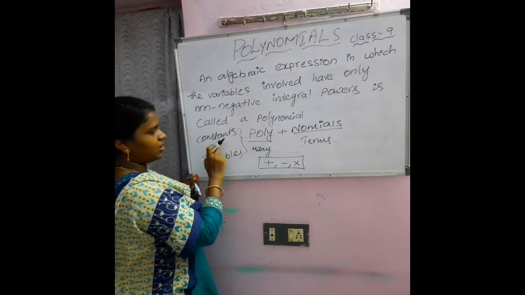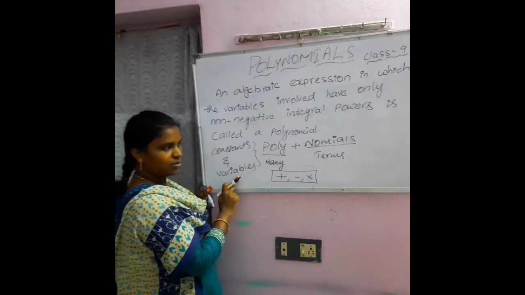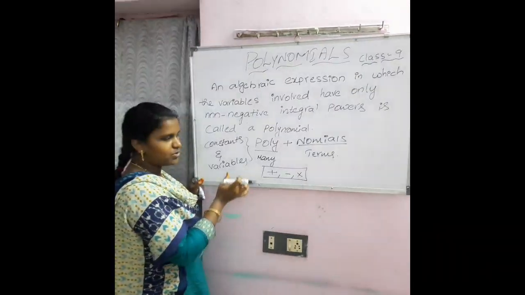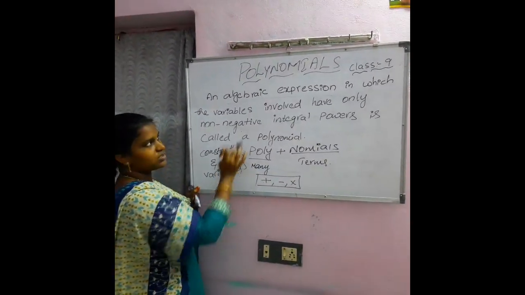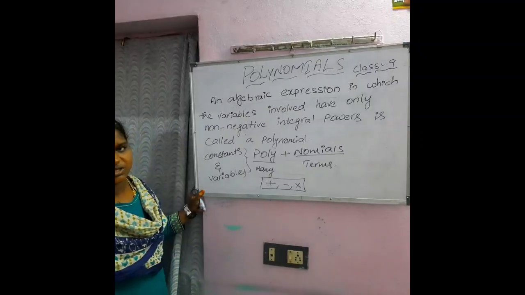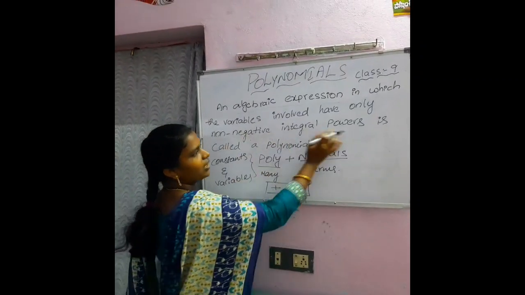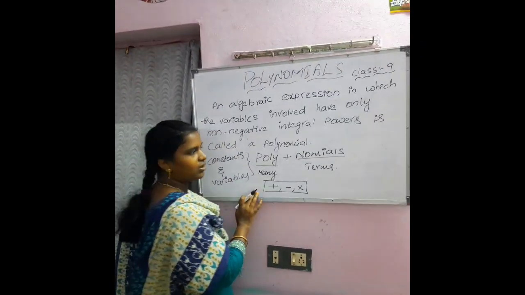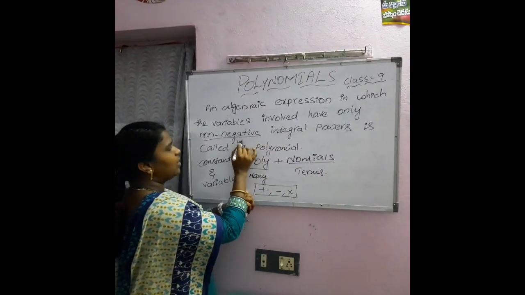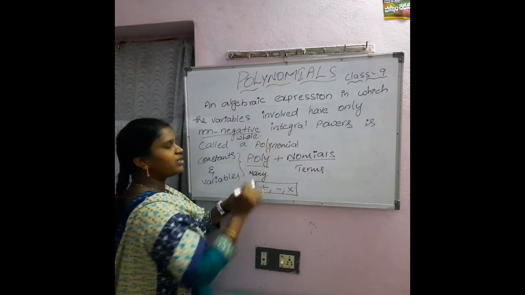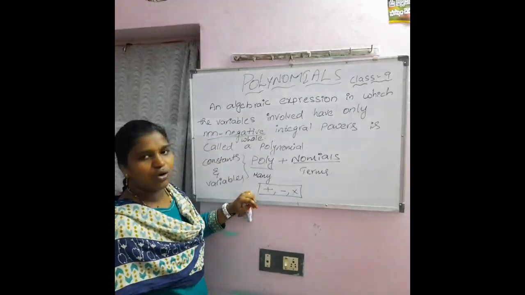That means we form terms by using binary operations, constants and variables, which is called an algebraic expression, and it should contain a non-negative integral power. Non-negative integral powers are nothing but whole numbers. That means the powers of the terms should be whole numbers.